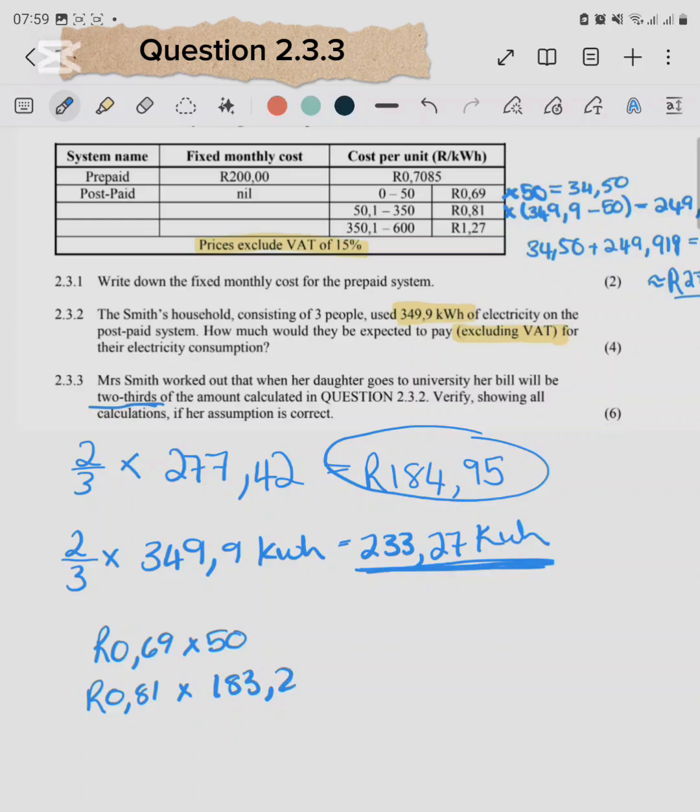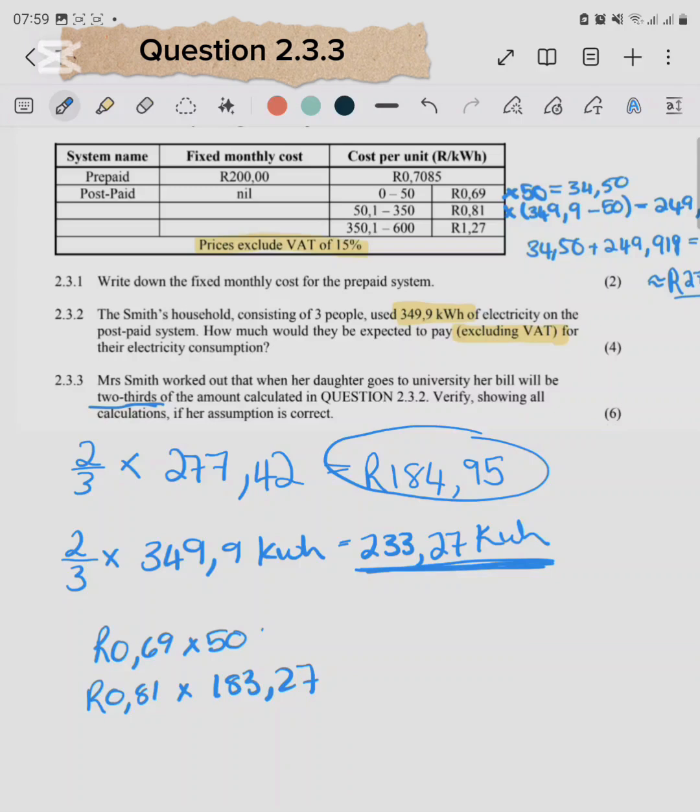And if you don't see where that comes from, that's coming from me going 233.27 minus the 50 I've already paid for. Right? When you calculate those out, let me actually write in the values for you.